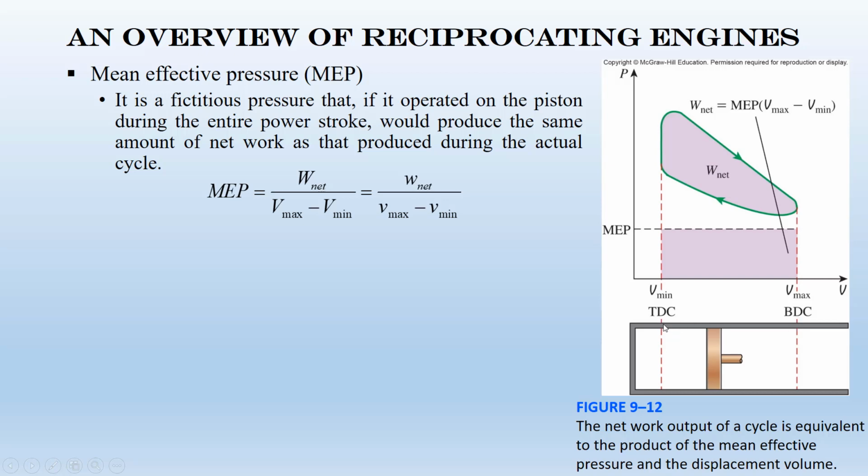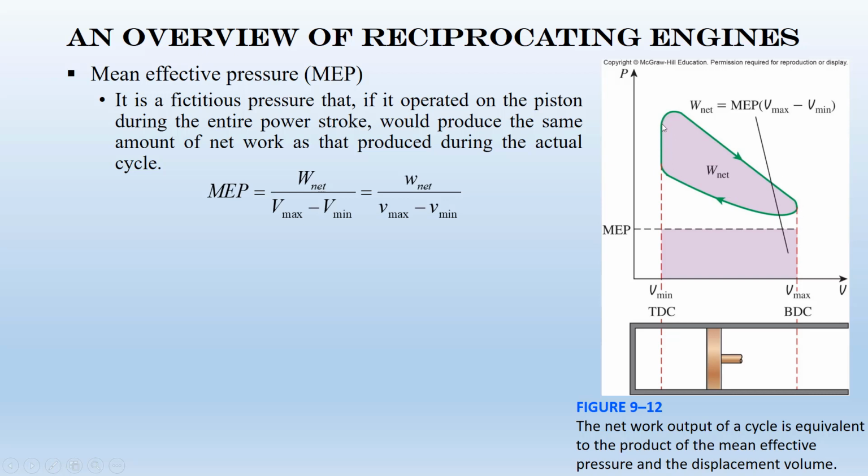At the TDC position, we have Vmin, and at the BDC position, we have Vmax. At Vmax, we have the minimum pressure. When the piston moves to the TDC, we have the maximum pressure of the system. So as you can see, the pressure is not constant.